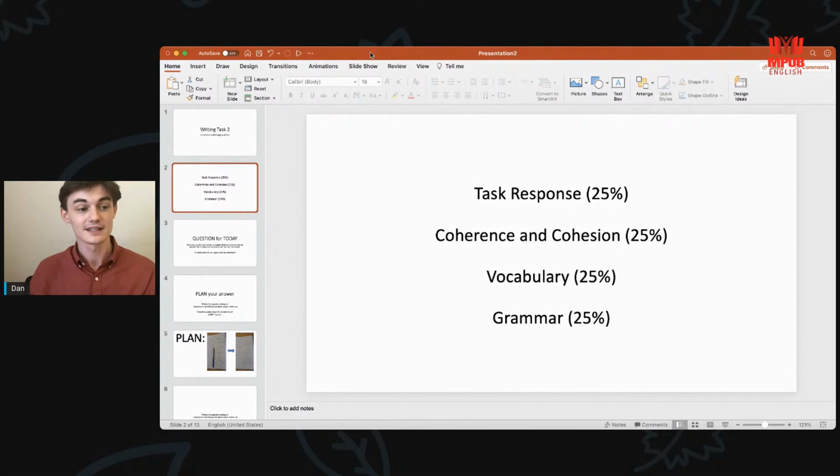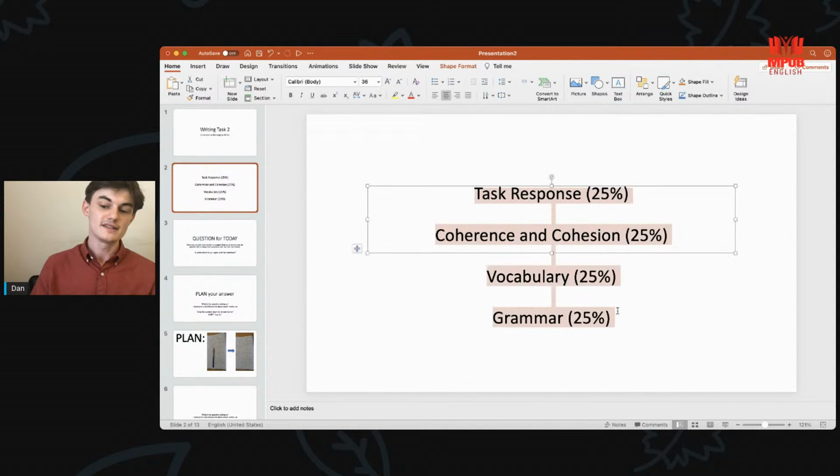Are you using them correctly? Grammar, of course, another one we have to be aware of. So, are we using lots of complex phrases, complex clauses, compound clauses, or are we being quite basic with our grammar? Because that would limit our level.